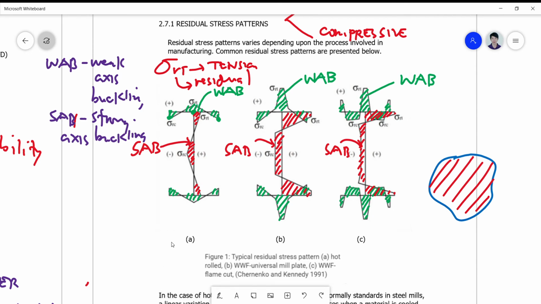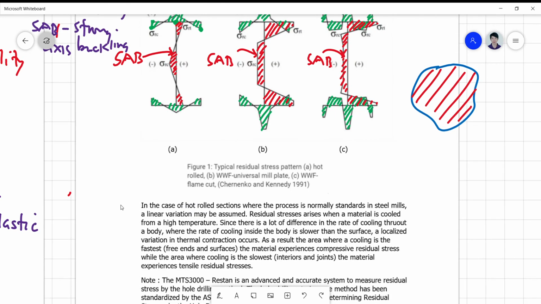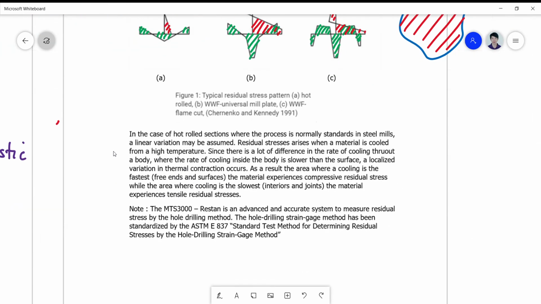So for the test, no, how do they test this residual stress? They use an MTS 3000, or what you call a residual stress test method used by drilling a hole into the plate elements.